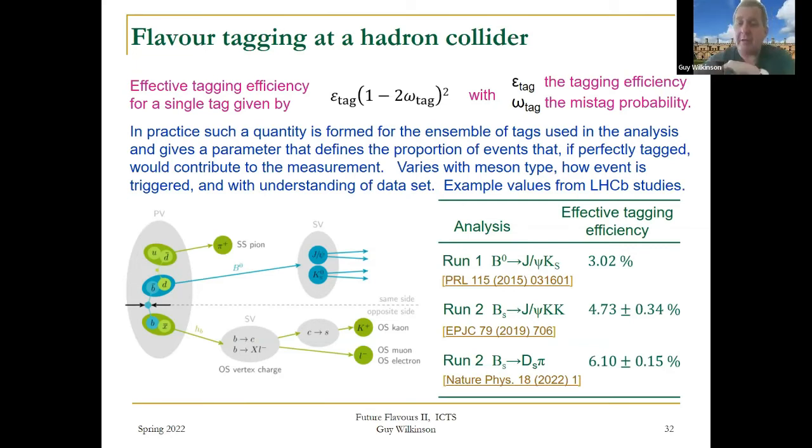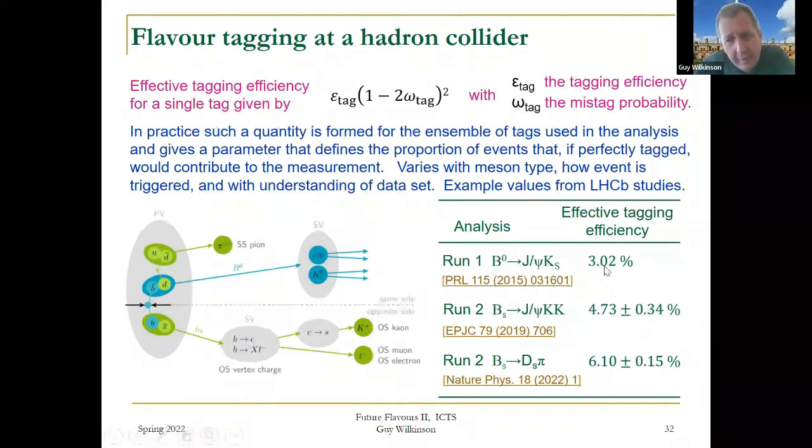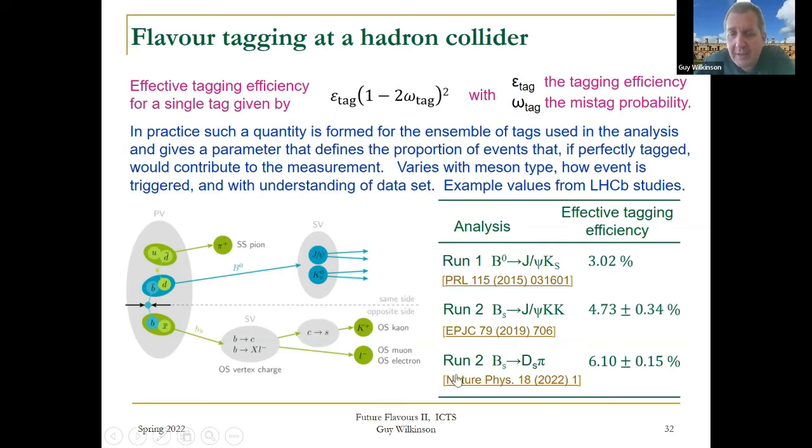And at Hadron Colliders, it's a tough game. If you look at this table on the bottom right, you see what this effective tagging efficiency is. So for the J/psi K short measurement, which we looked at, the effective tagging efficiency is just 3%. Now in modes with Bs, you can do better because there are other tag modes you can use in the Bs system.